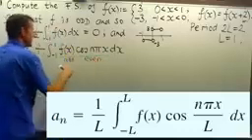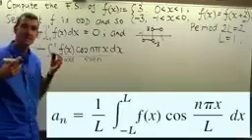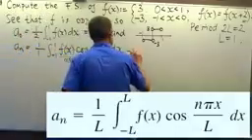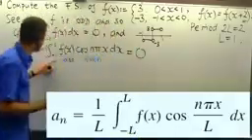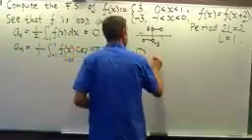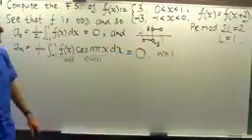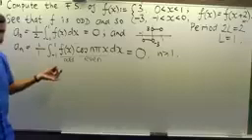So we've got the integral of an odd function times an even function, which gives us an odd function. So we're integrating an odd function between -1 and 1. It's got to be 0. Again, the areas cancel. So for each n greater than or equal to 0, this integral is 0.